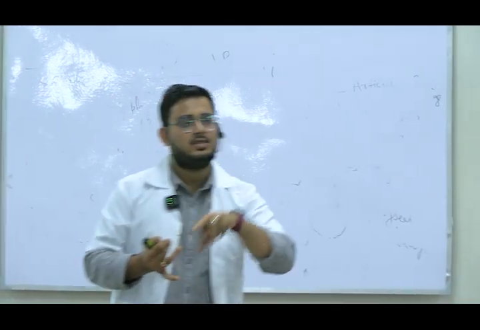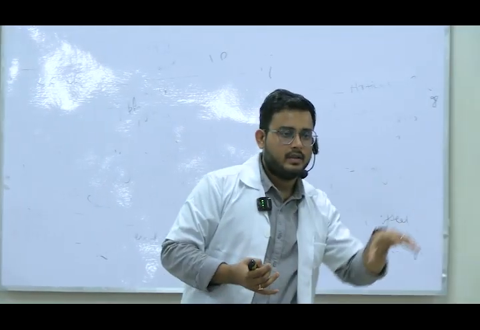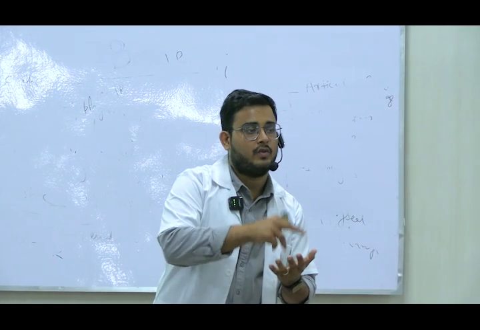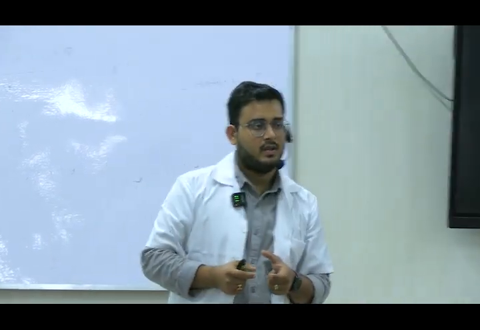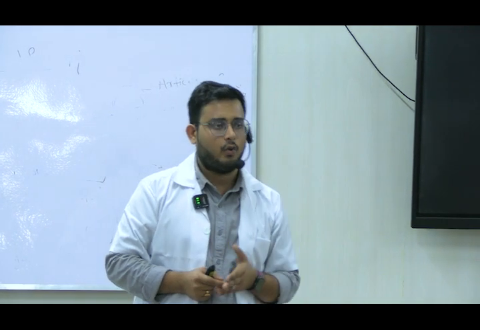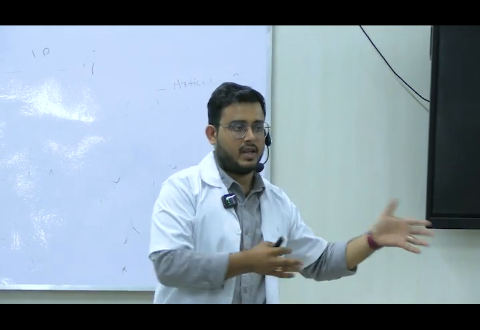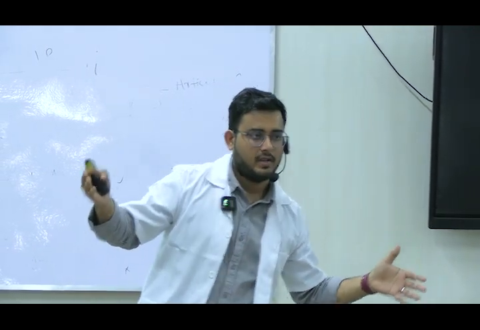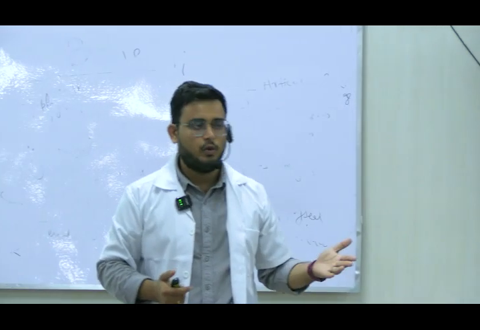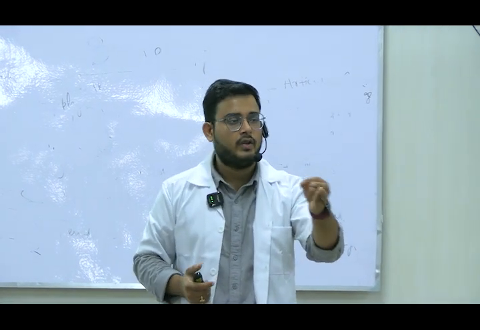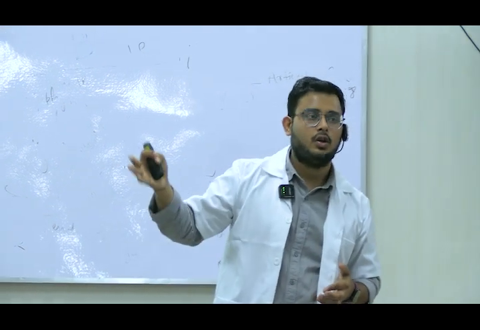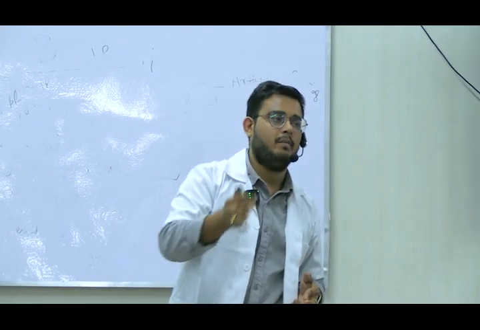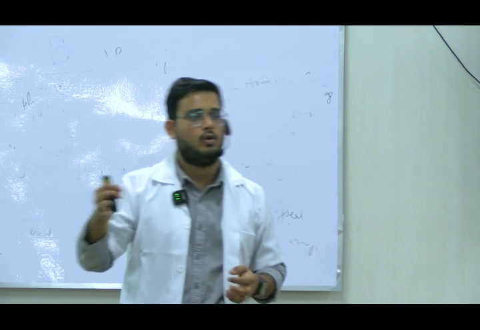So based on these three, we will see the size of the RBC. MCV is the mean corpuscular volume, the volume of RBC. 78 to 94 is normal, less than 70 is microcytic, more than 100 is macrocytic. Similarly, their hemoglobin concentration is also determined. So based on these three values, we can diagnose the type of anemia: microcytic hypochromic, macrocytic, or normocytic normochromic.